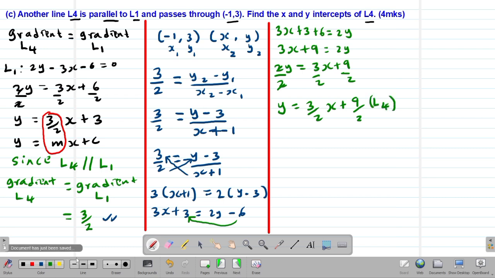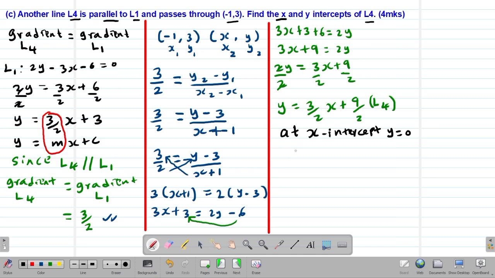But remember, the question wanted us to find the intercepts. So we'll start with the x-intercept. We know that at the x-intercept, the coordinate of y must always be equal to 0, because the x-intercept is a point where the line will cut the x-axis.